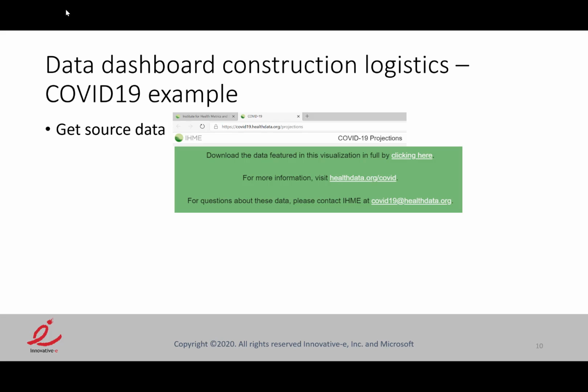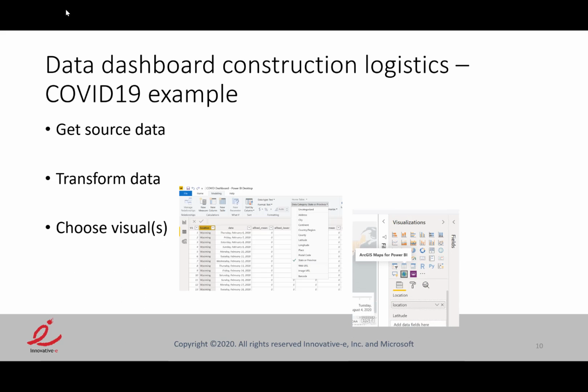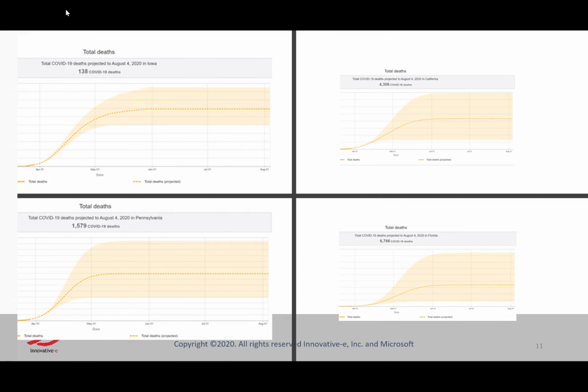If I would like to tailor that so that I can see the information in a way that makes sense to me, then I'm going to get the source data. So there is a location for that on the IHME webpage. Once I get the source data, I want to transform that data. And then once I transform that data, I'm going to choose the proper visualization, such as an ArcGIS map for Power BI to do that.